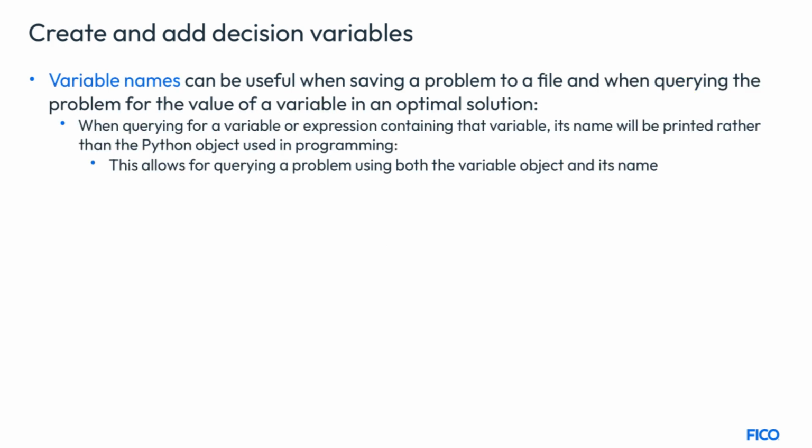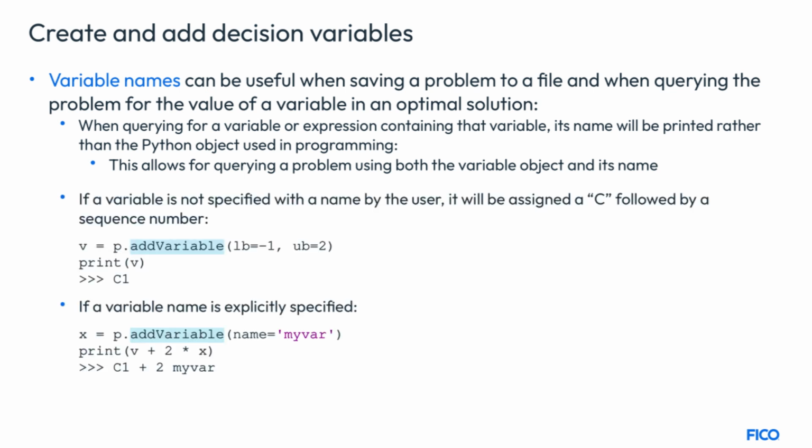Variable names can be useful to identify variables in saved files or print statements for debugging purposes, and to query the problem for those variables. If the variable name is not explicitly specified via the name argument, the variable will be assigned an automatically generated name consisting of a C, followed by a sequence number. In any case, when querying for a variable or expression containing that variable, the variable name will be returned rather than the Python object used in the program.